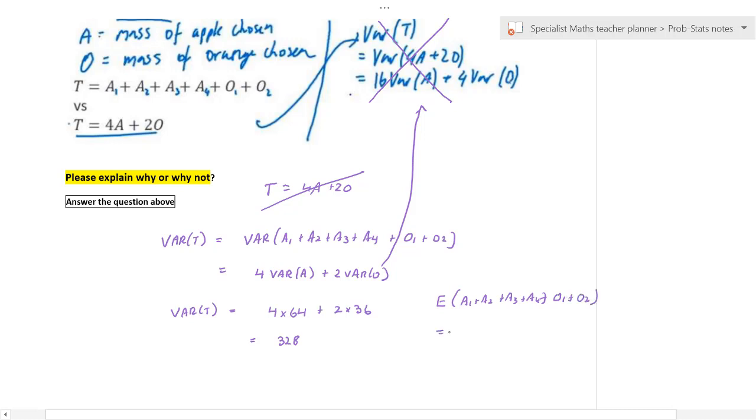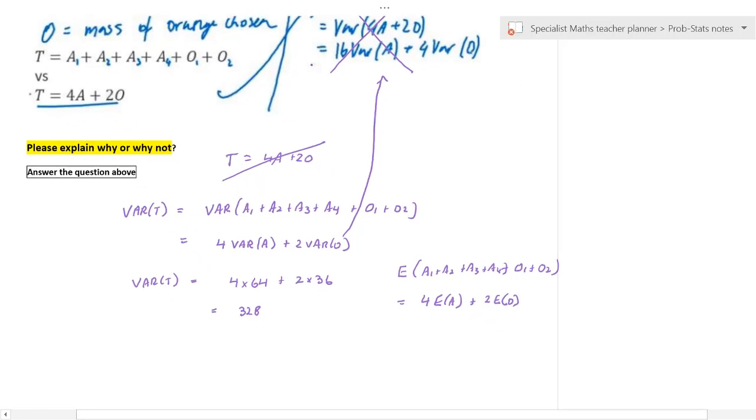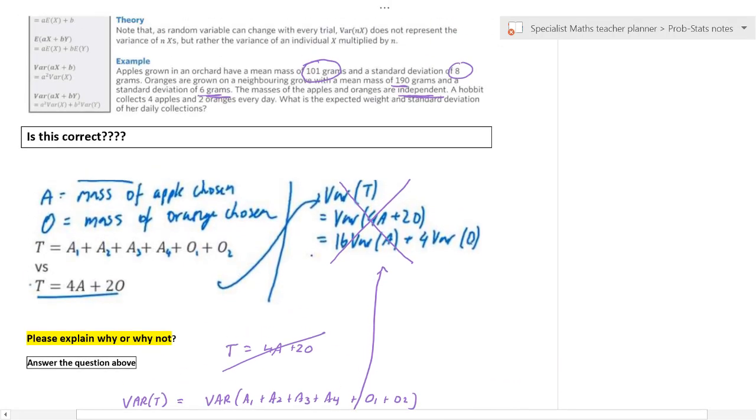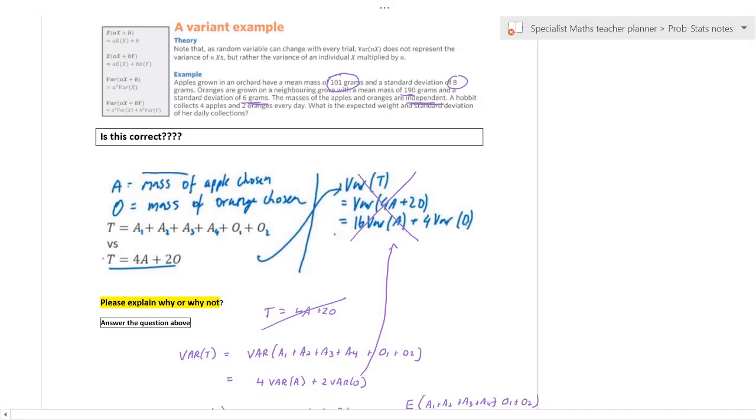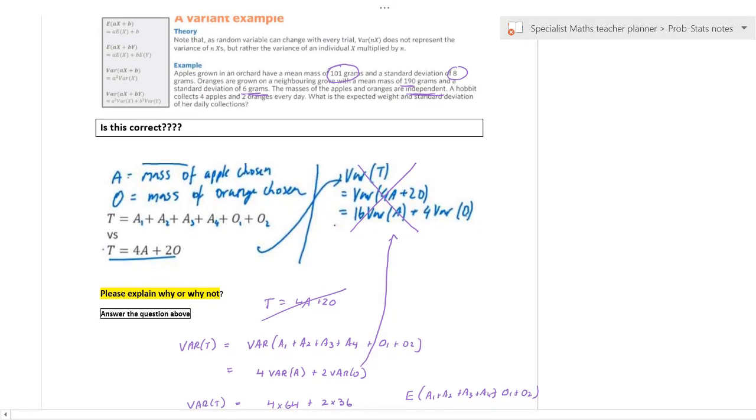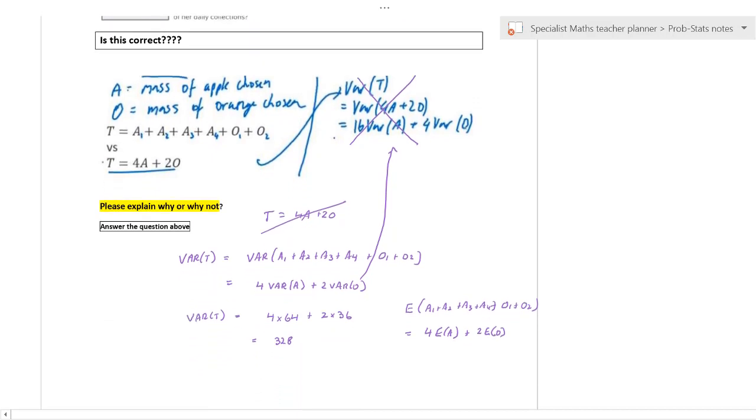That's a little bit different because that's going to be 4 times the expected value of A plus 2 times the expected value of O. Looking at 101 and 190, that's 101 times 4 plus 190 times 2.